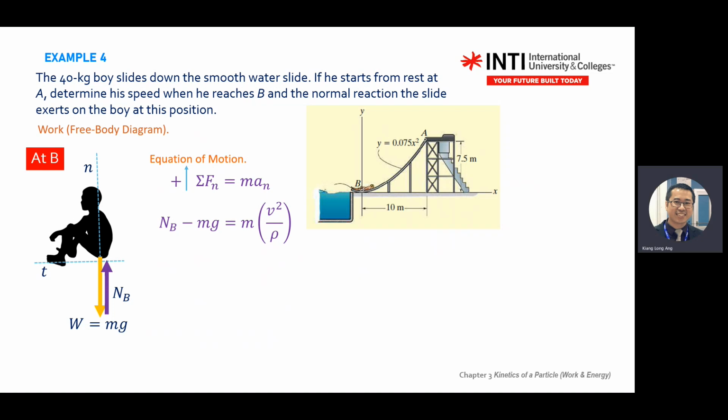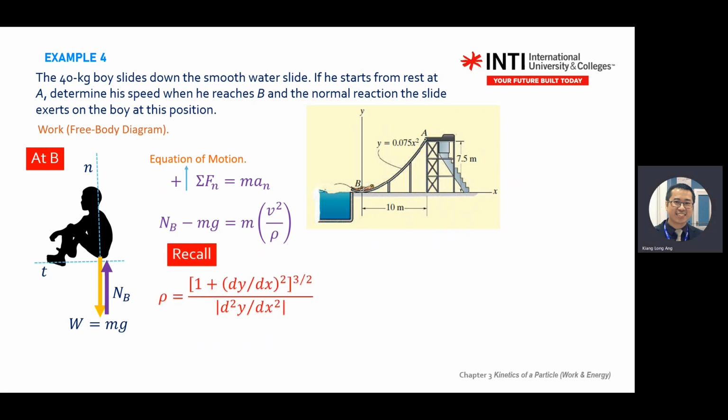Why do we need to use this one? Because the question asks you to find the normal reaction. So for the normal reaction, F equals ma. Remember from the previous acceleration equation, your acceleration in the normal direction equals v squared over rho. But here, what is missing? Rho is missing. You need to find rho.